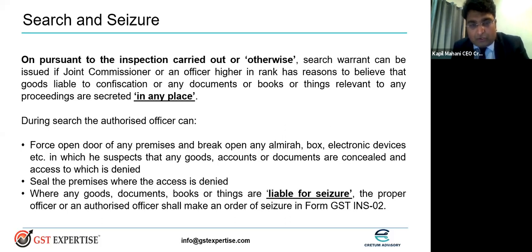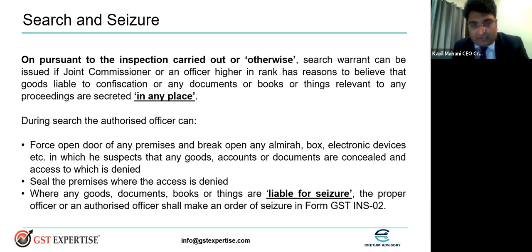It has a wider jurisdiction wherein they can search any place, whether connected, whether business premises or not, to retrieve any document or books which are relevant to the proceedings on which they have a reason to believe.